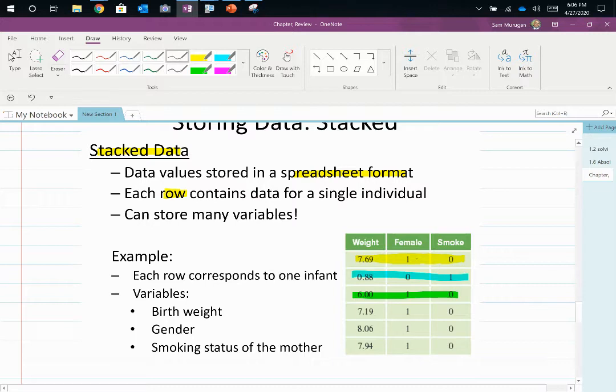The weight of the infant, if the infant is female, they put a 1, and if the mother smoked, 1; 0 would mean the mother did not smoke. In the second case, the birth weight of the infant is 0.88. In this case, 0 would mean that the child is a male because 1 represents female, and 1 would mean that the mother smoked.